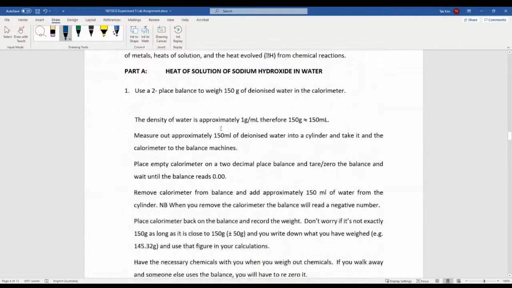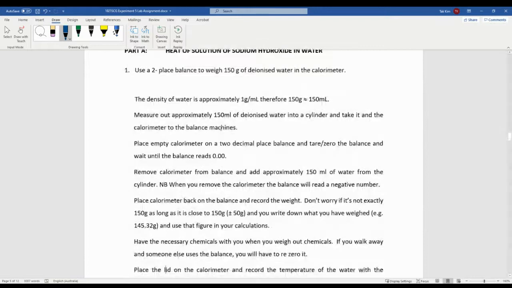So this is an experimental procedure. In part A, you're going to dissolve a sodium hydroxide sample, I would say pellet, into water. When the sodium hydroxide dissociates, it will generate heat.